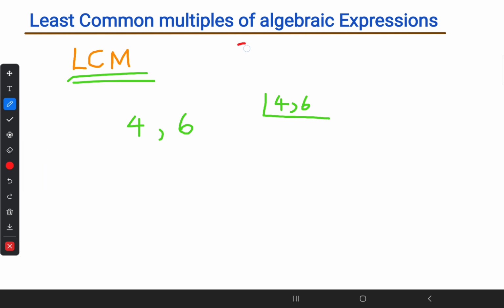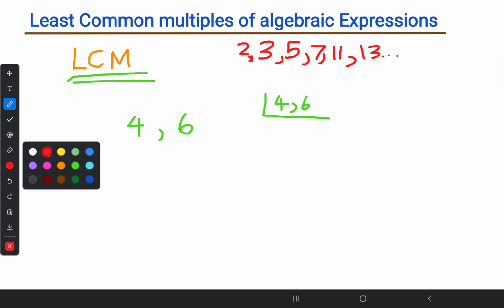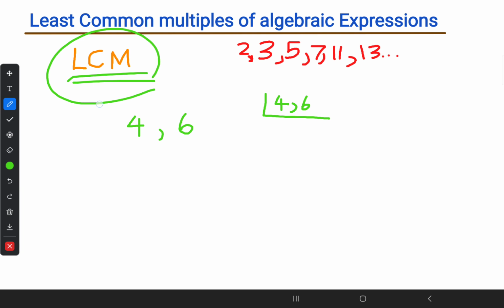What are our prime numbers? 2, 3, 5, 7, 11, 13. The numbers which have only two factors are called prime numbers. So you should use the prime numbers to do the division while finding the LCM. Where do you have to use the LCM? When the denominators are not the same while adding or subtracting fractions.